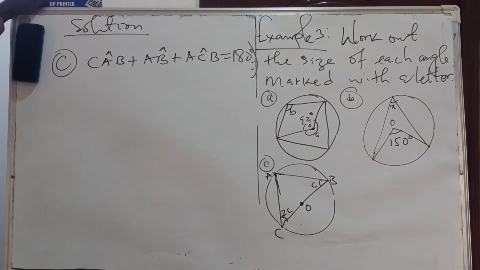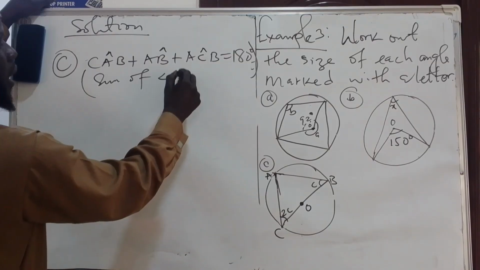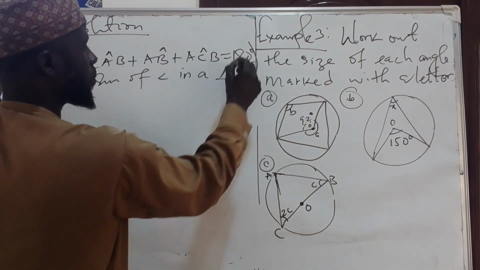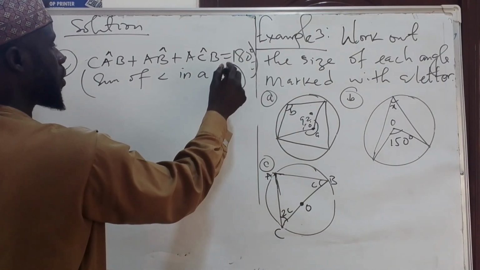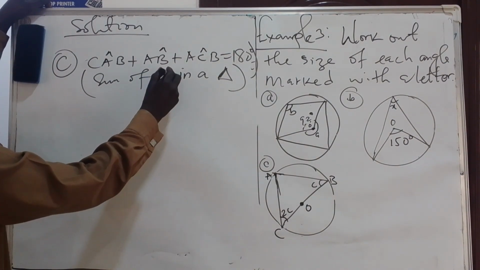Why? We have to state the reason: sum of angles in a triangle. So whenever you see me writing this symbol, I mean a triangle. This stands for angle.